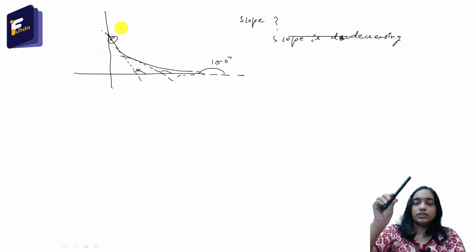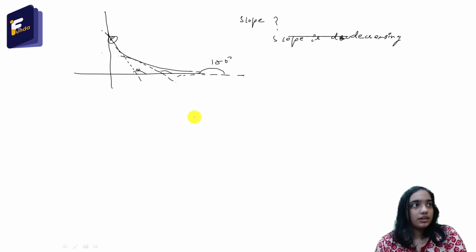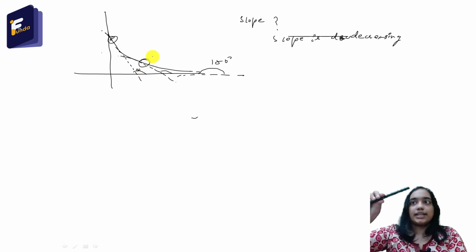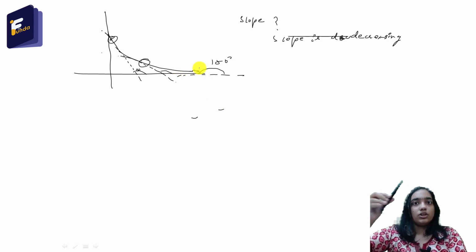This is vertical and it is near the vertical, and slowly the pen is becoming flat. Finally it is horizontal. From this point, the pen is like this, and finally at the last point, here, the pen has become horizontal. So from vertical it is becoming horizontal, that means the slope is decreasing.